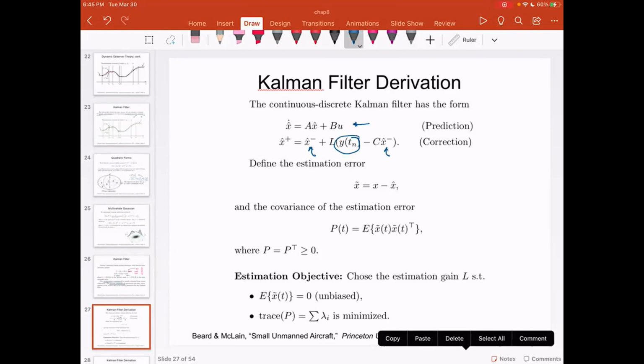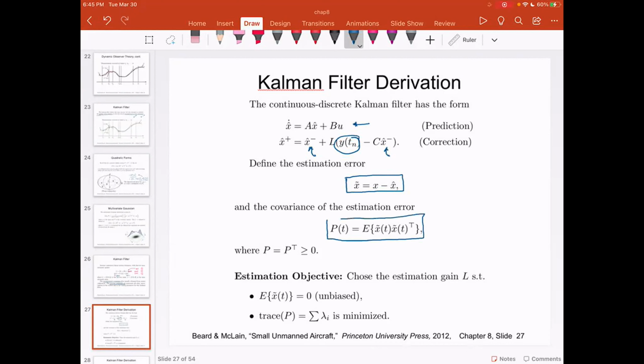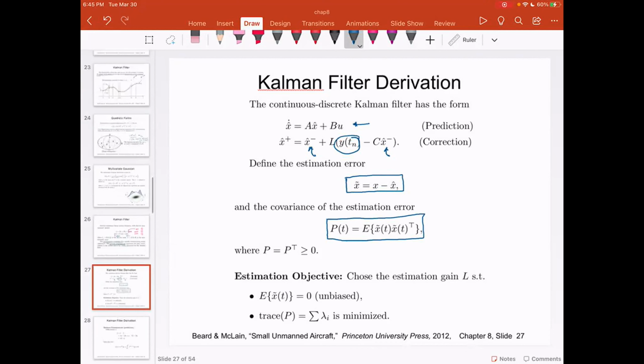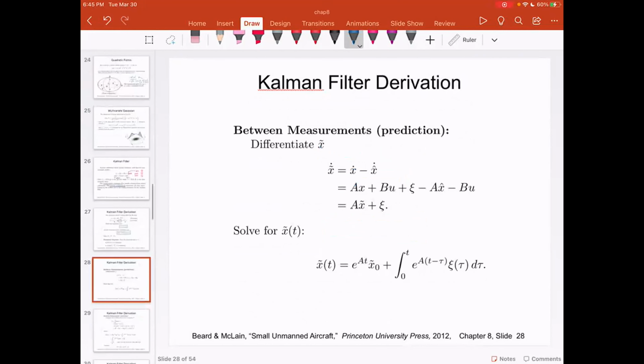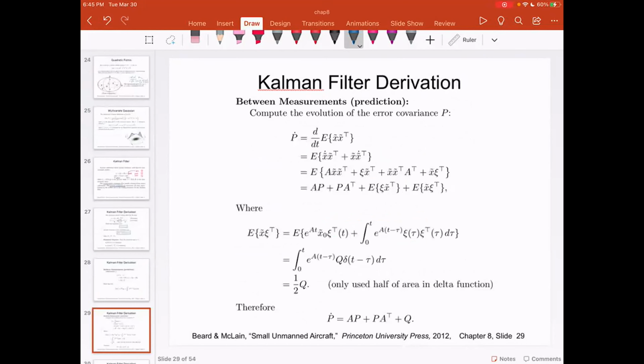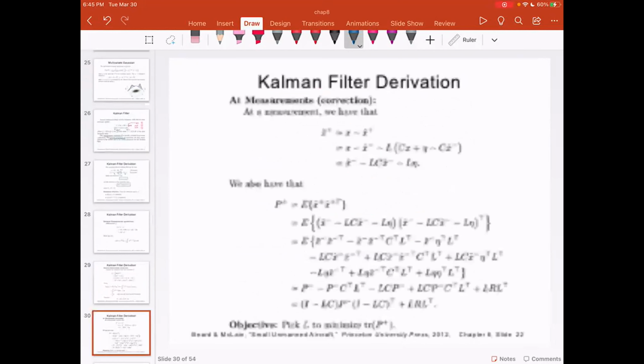You find the estimation error, and this is the important part. You find the covariance of the estimation error, and depending upon the error properties, you tune the Kalman filter gain. And this is the dynamics of the Kalman filter. This is the derivation of the Kalman filter.